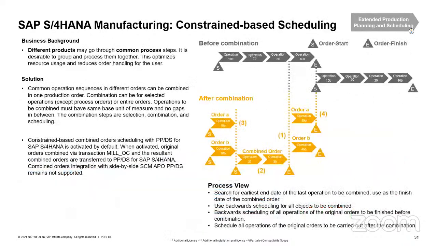We can also see some demo here. We have here manufacturing constraint-based planning and scheduling. In the interest of time, I will try to take it a little fast. Constraint-based scheduling is a part of PPDS, extended production planning and scheduling. Different products may go through common process steps, so multiple products go into the same production line.